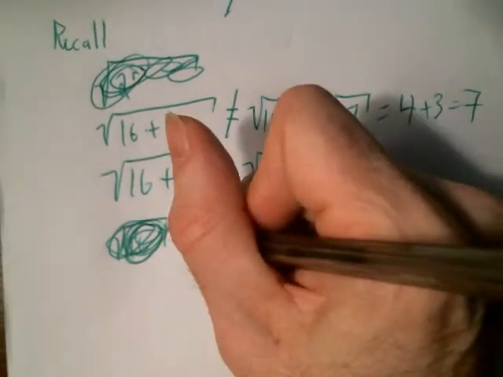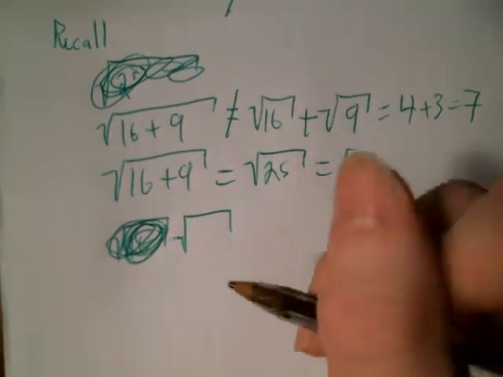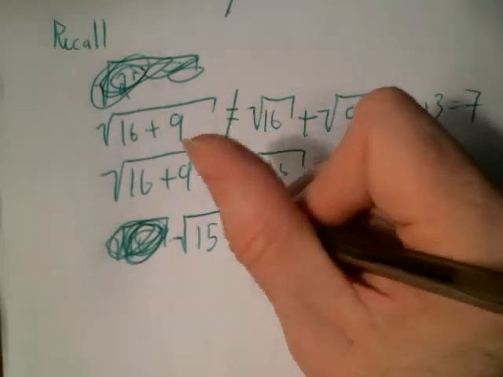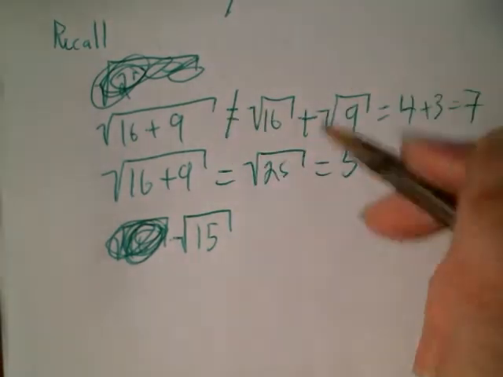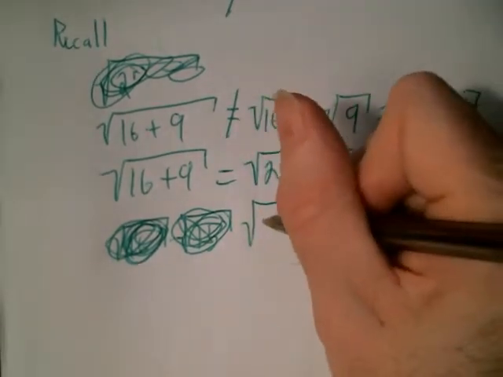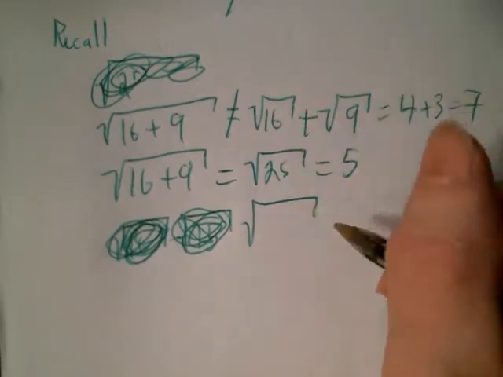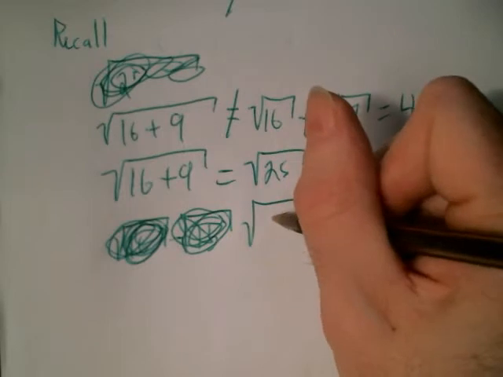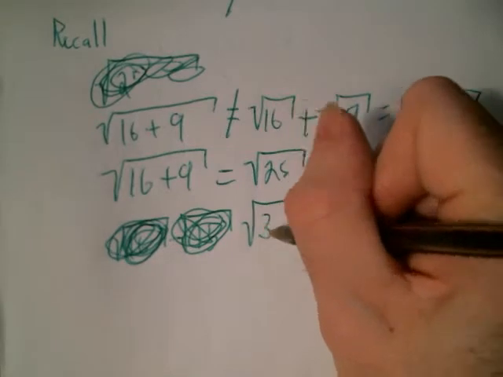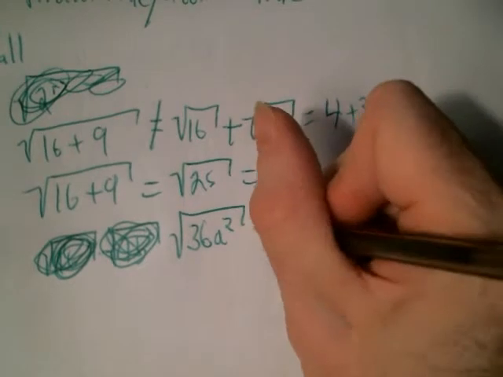So the square root of, let's say, 36a squared, where a is positive.